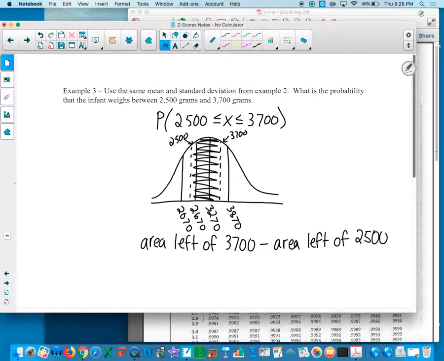Because if you think about it, if I were to shade the area to the left of 3,700, it would be all of that area. And then the area to the left of the 2,500 is the overlap here. But I want to subtract that off so that I could get just the area that's in between. So I'm going to be subtracting off that red part from the blue.